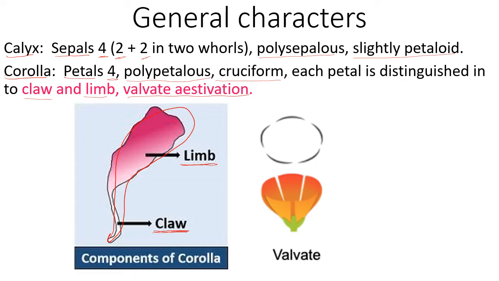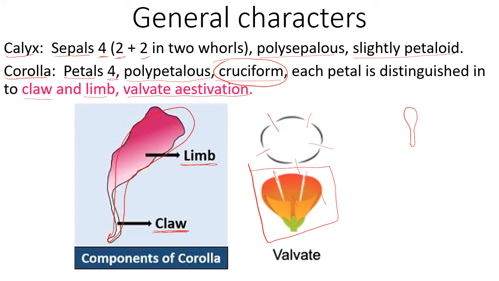And valvate estivation can be seen in this figure, where at the margins of the floral part there is no overlapping, which can clearly be seen in these gaps. And cruciform means there are 4 petals.